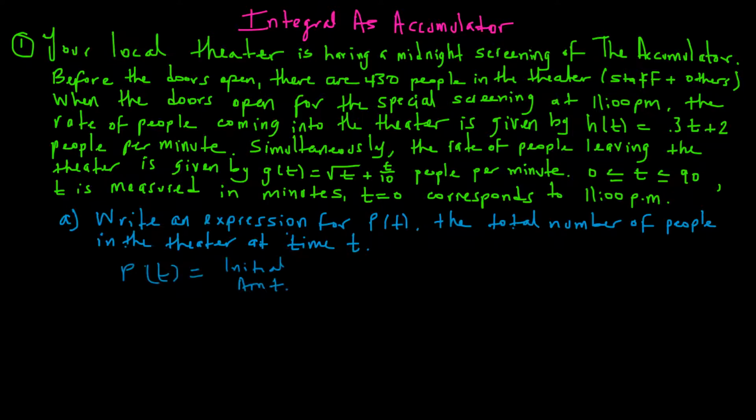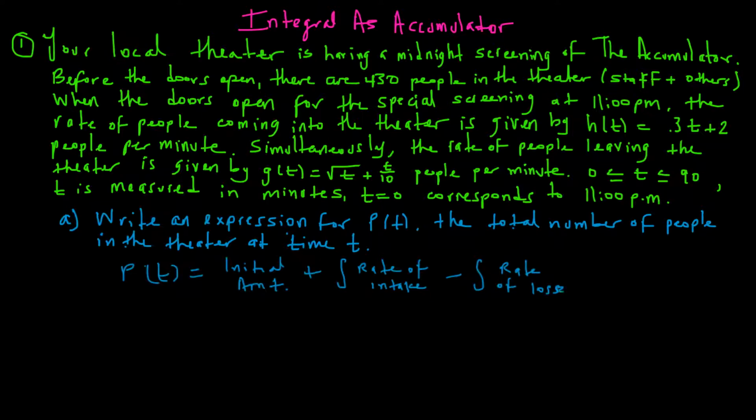I'm going to abbreviate amount, plus the integral of the rate of intake, how much you are gaining, and then minus the integral of the rate of loss.